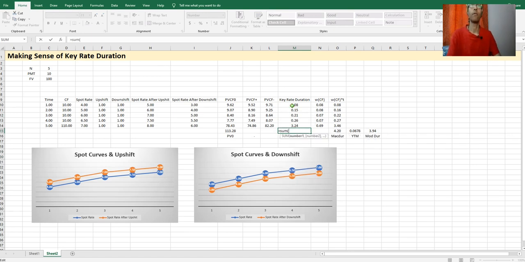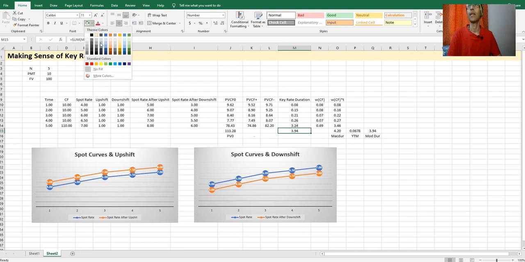Sum of the key rate durations that we have measured. Let's see whether it is coming nearby or not. Yes, it is coming to 3.39, which, if you reduce the decimal number, comes to 3.94, right? So, what we have done is correct.